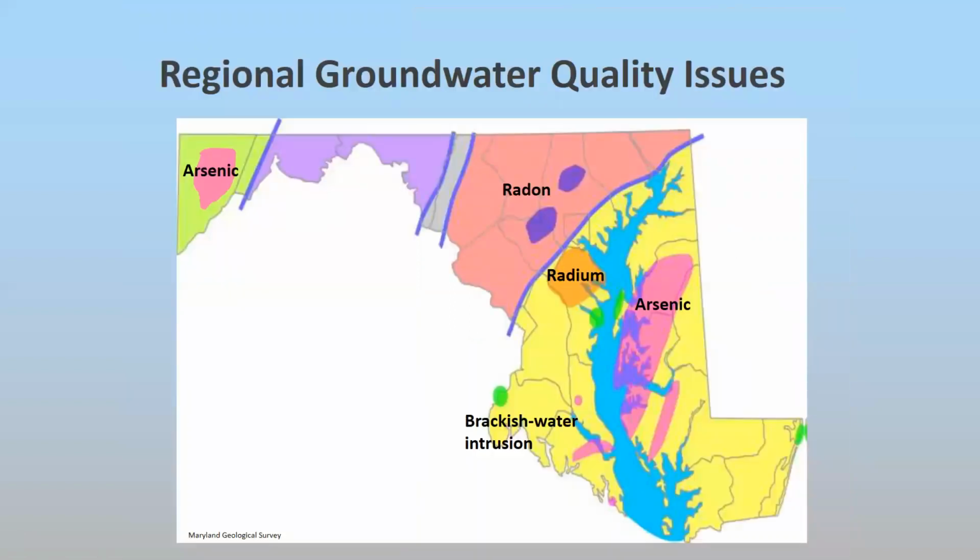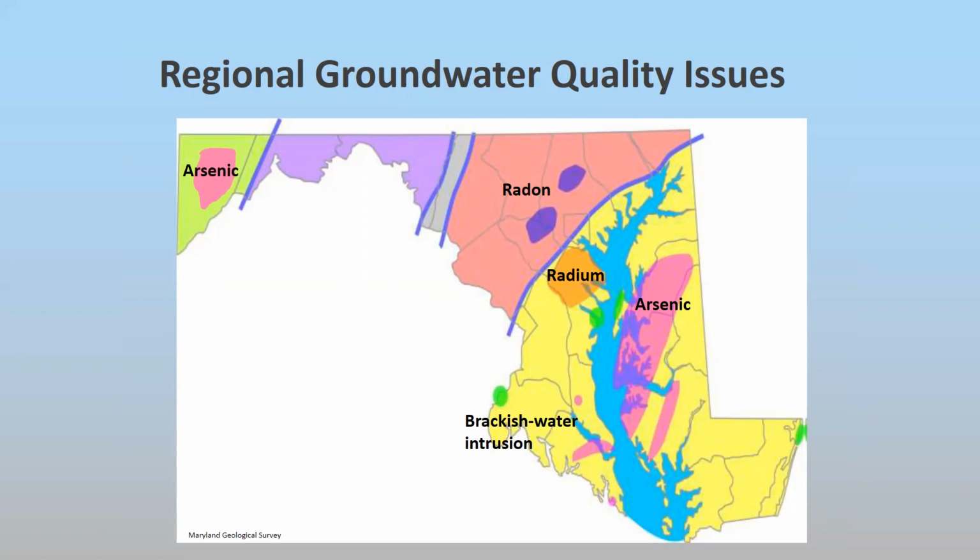There are also potential groundwater quality issues. In the case of Maryland here, we have several areas where natural geology provides some contamination. In the case of arsenic, for example, here on the eastern shore, as well as in southern Maryland, and also over in western Maryland as well.